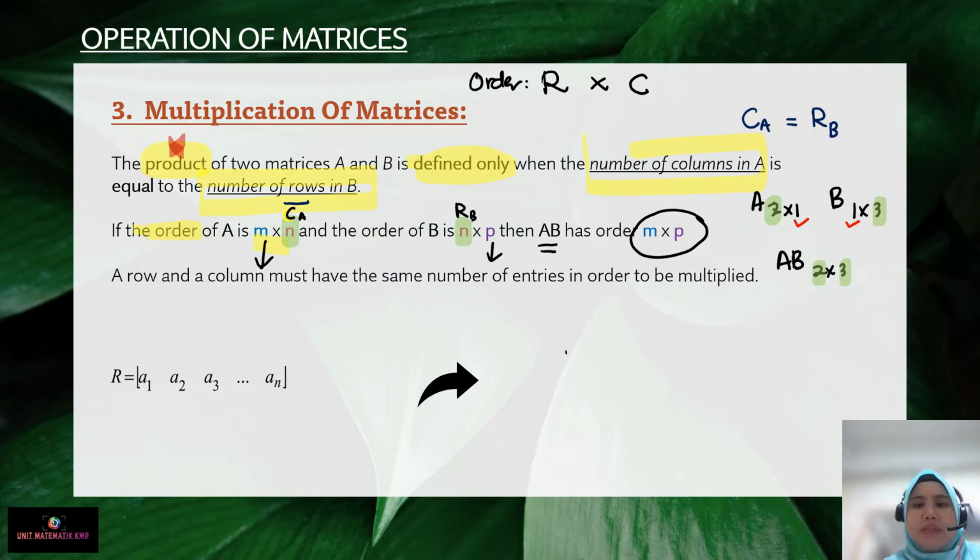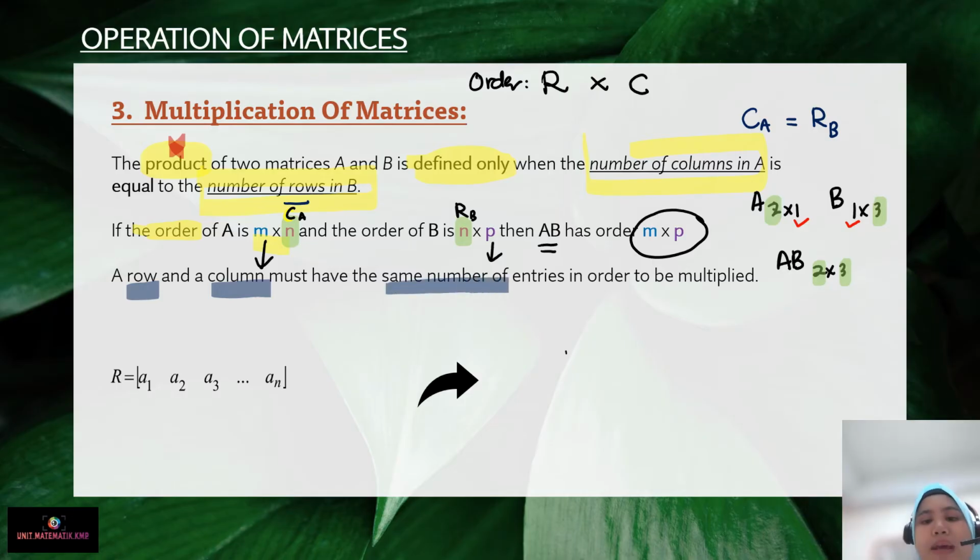I think something is missing from my slide, so I will jot it down. A row and a column must have the same number of entries in order to be multiplied. For you to do multiplication, the row and column must be the same.